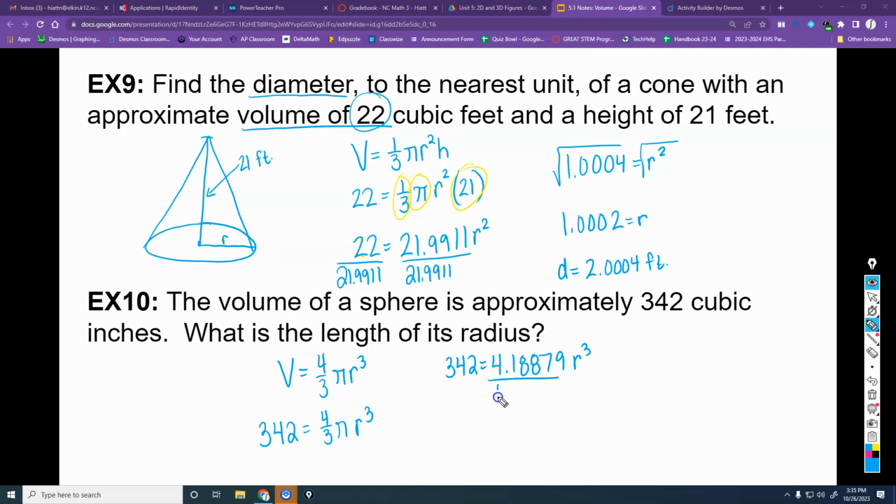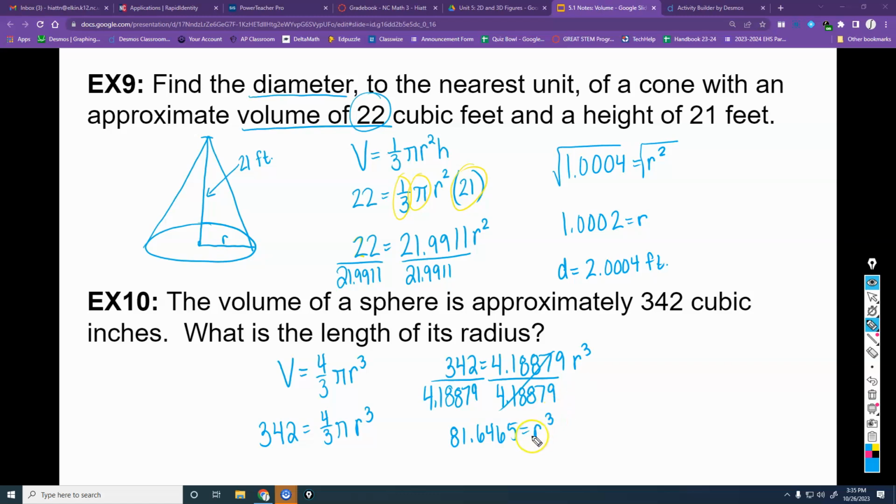We need to divide both sides by that number. So if we divide both sides by that number, we will get 81.6465 is equal to our radius cubed.